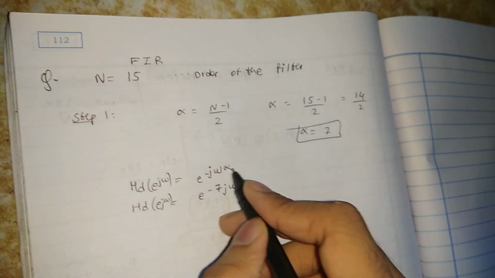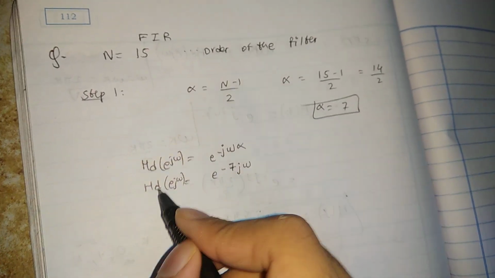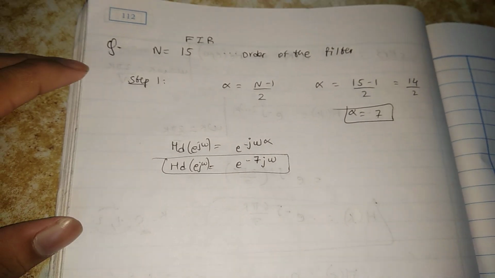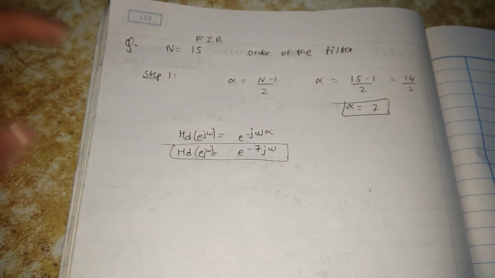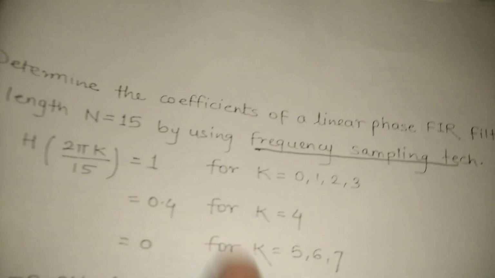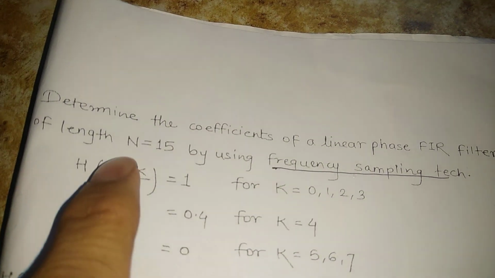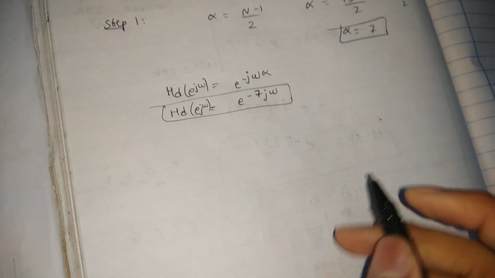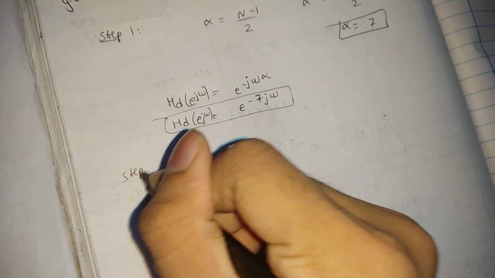In place of alpha we have substituted 7. So this is our step number 1 completed. Step number 2, you don't have to calculate for this particular type of sum, where you are given this type of value of H. So step number 2 we will not do, directly we will do step number 3.